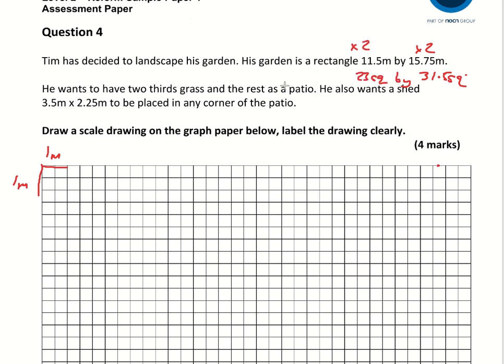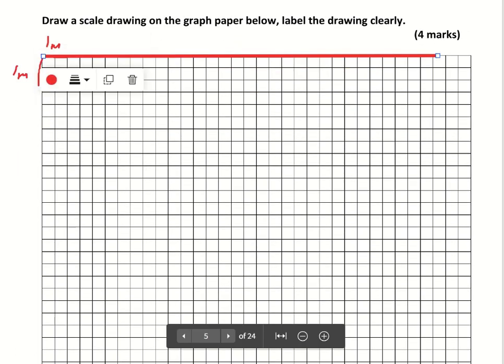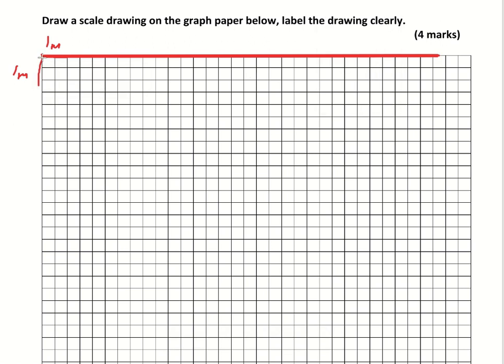So if I just draw a straight line to there, and we also want 23 squares going down, so let's just do another line, this time going down. Okay, so 2, 4, 6, 8, 10, 12, 14, 16, 18, 20, I believe that is 23. Okay, so again, let's just do the same down this side as well.